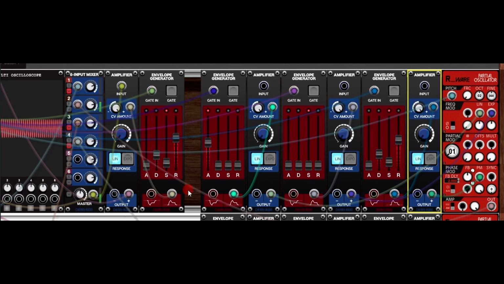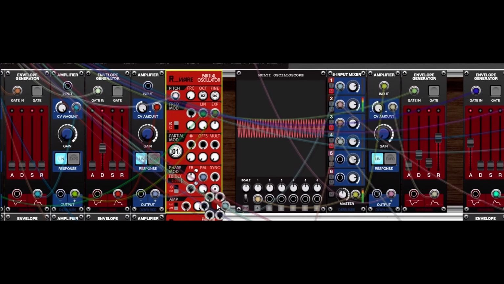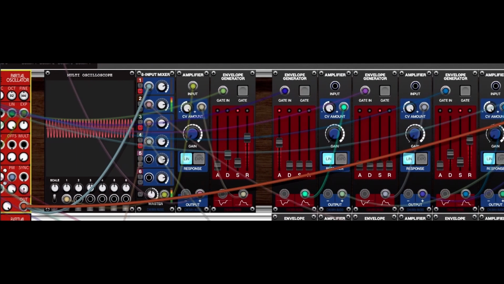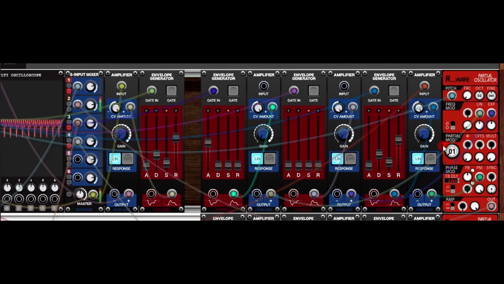I have muted mixer channels 1, 3, and 4, because I want to hear only the audio output of the modulated operator, operator 2 here. All right, let me scroll to operator 1 and patch its output to, well, let's say, to the phase modulation input of operator 2.